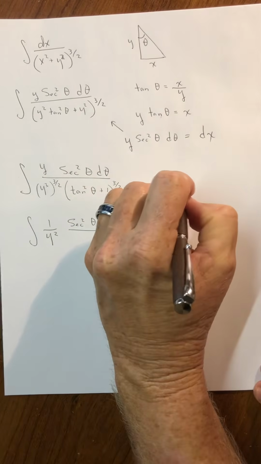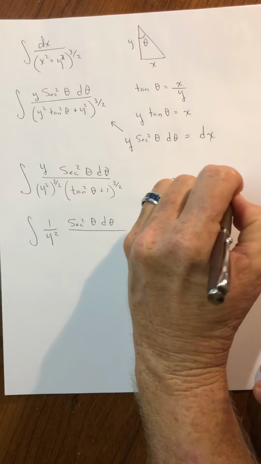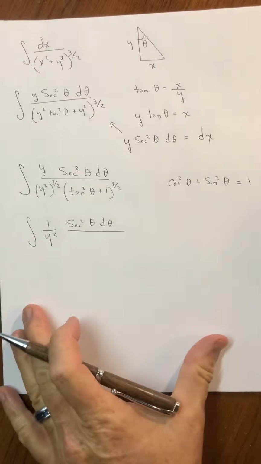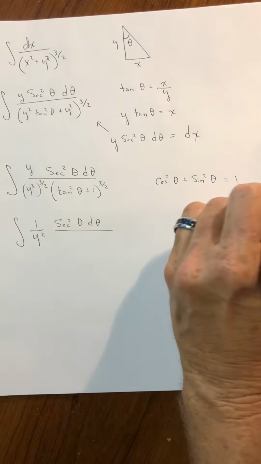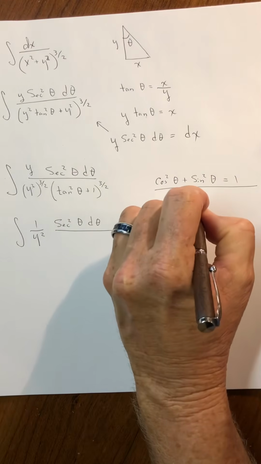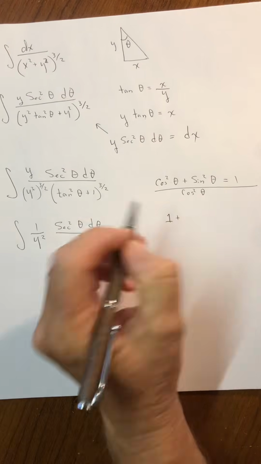Maybe I'll just remind you that cosine squared plus sine squared equals 1. That's probably the easiest of the Pythagorean trig identities, because if you divide everything by cosine squared theta, this first term is 1.